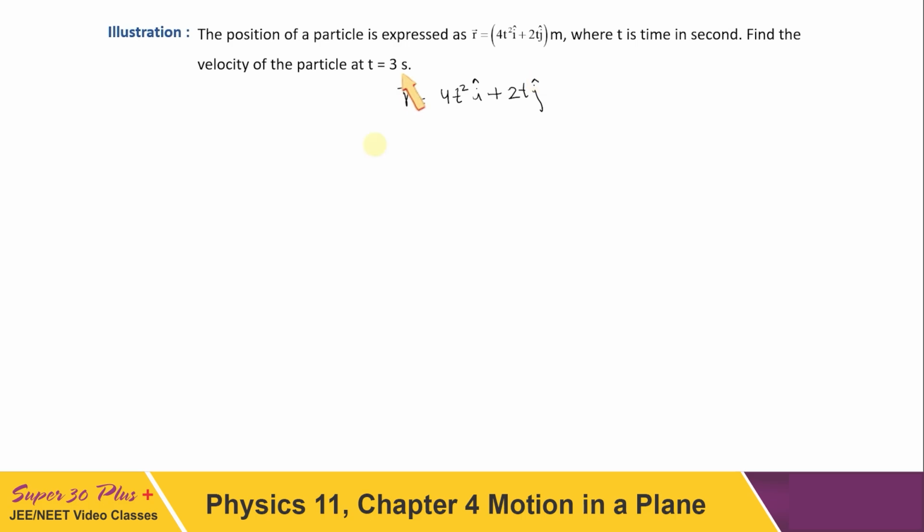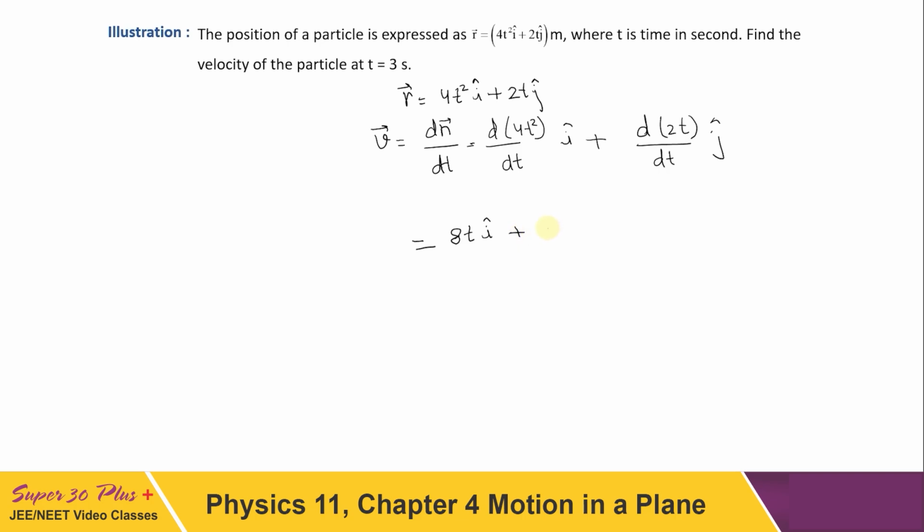Now we know the relation v can be written as dr by dt, and it is written here in its component form, so it has to be d by dt of 4t square, which is along the x direction, so i to be written here, plus d by dt of 2t, and again the direction is written as j. On differentiation it will give 8t i plus 2j. So this is the expression of velocity we got.